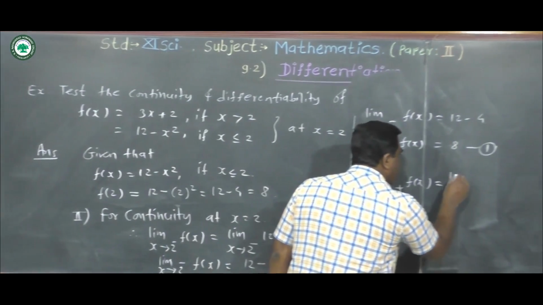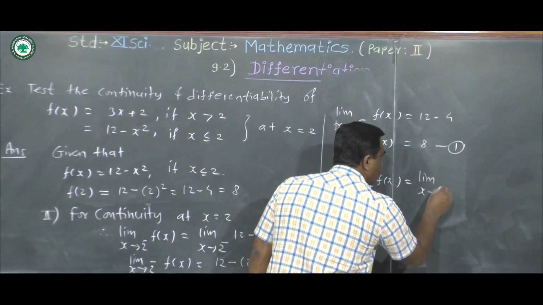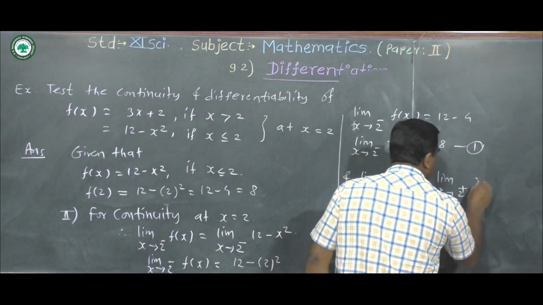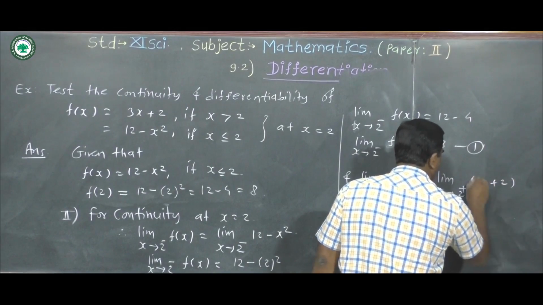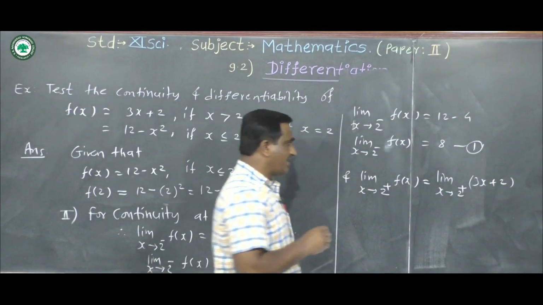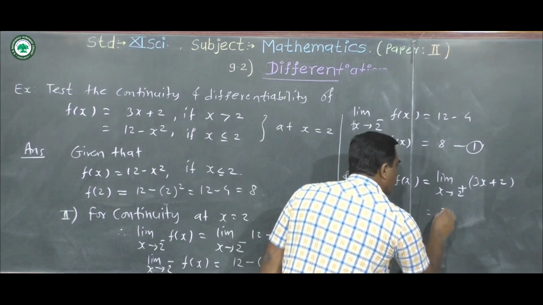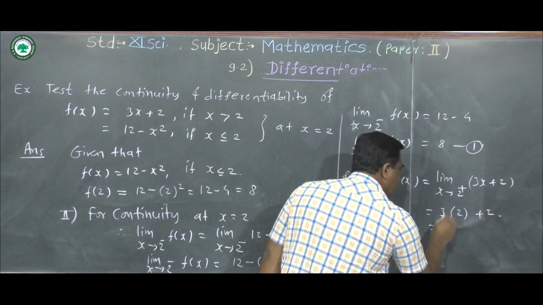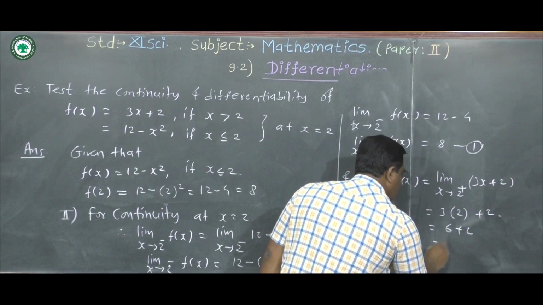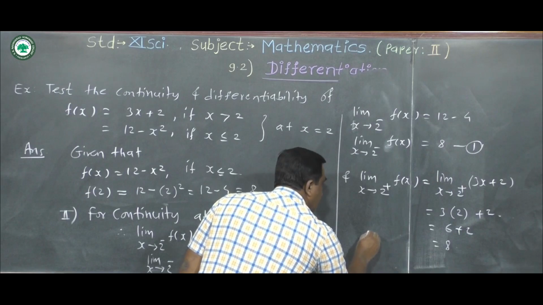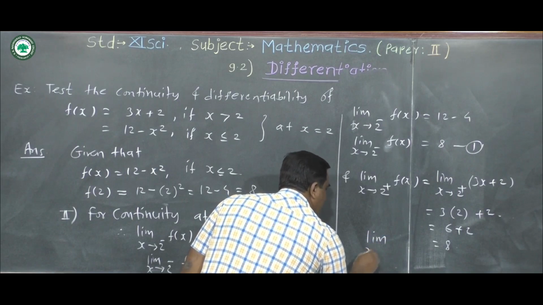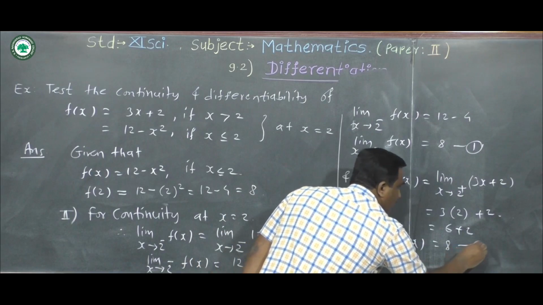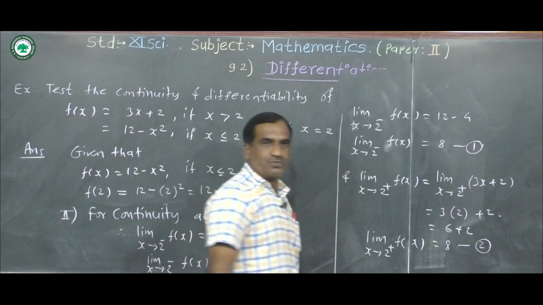Then we can put limit x tends to 2 from right, value of f of x is 3x plus 2. Now put the limit directly, that is the value of x is 2. 3 into 2 plus 2, that is 6 plus 2 is equal to 8. That is we get the right hand limit, x tends to 2 from right, f of x is equal to 8. We call this equation number 2.